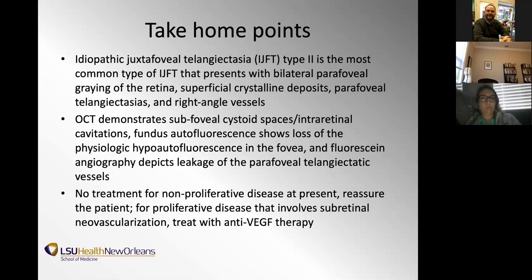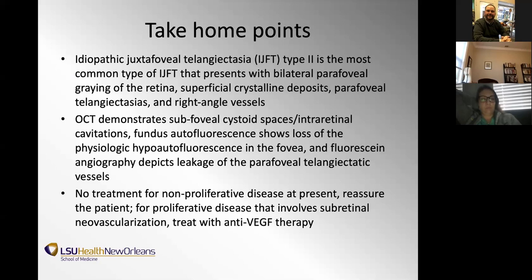So again, the take-home points, I went over pretty much all of this in the previous slides. MacTel type 2 is the most common type of MacTel, presenting with bilateral parafoveal graying of the retina, superficial crystalline deposits, parafoveal telangiectasias, and right angle vessels. These are all buzzwords for OKAPs and boards. OCT demonstrates subfoveal cystoid spaces and intraretinal cavitations.